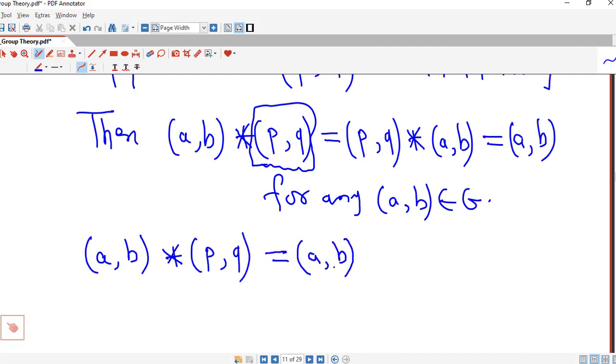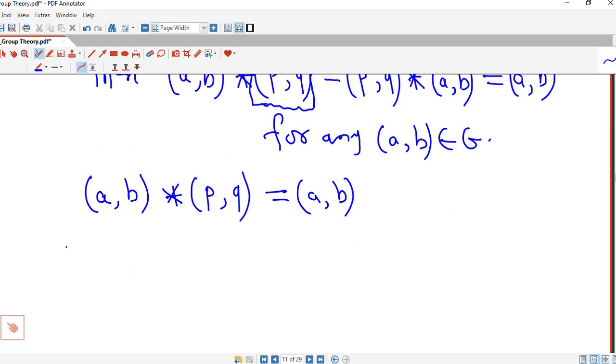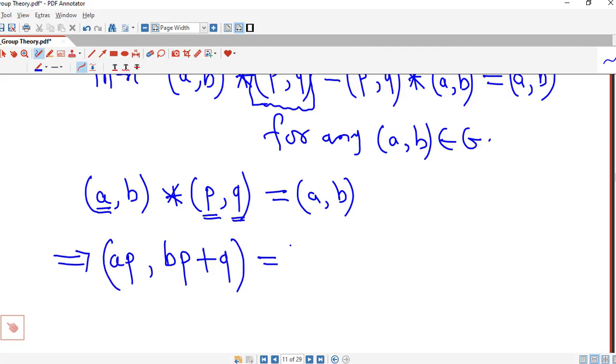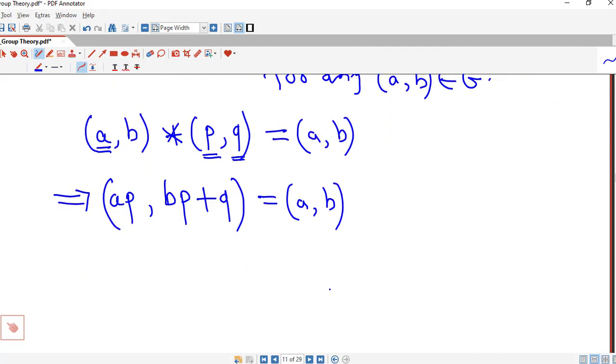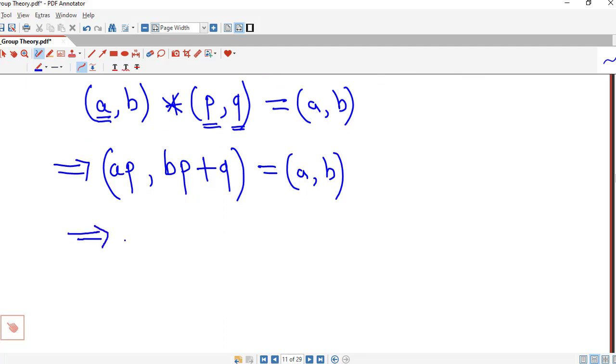We try to solve this for P and Q. So if we apply the definition of binary operation, we have first component into first component, second component into first component plus second component. This is equal to (A,B), and we know that if two ordered pairs are equal, then corresponding components must be equal. So AP must be equal to A, and this B into P plus Q must be equal to B.